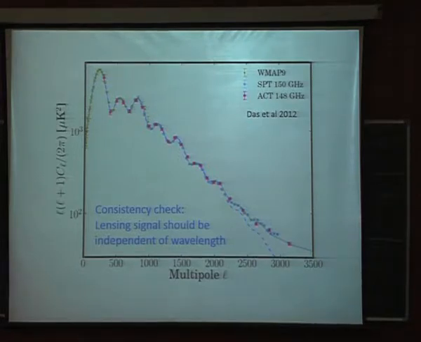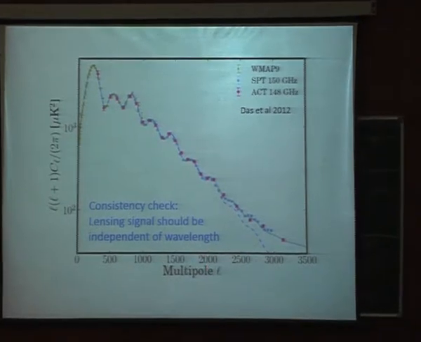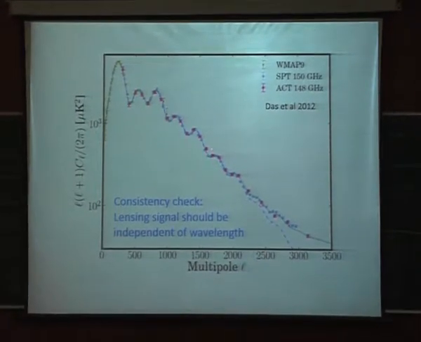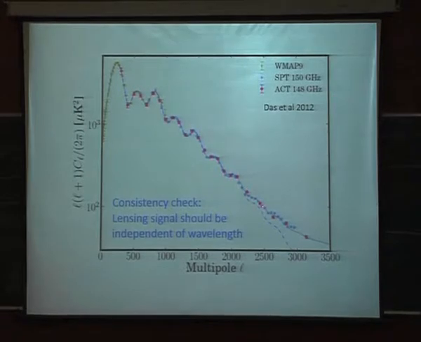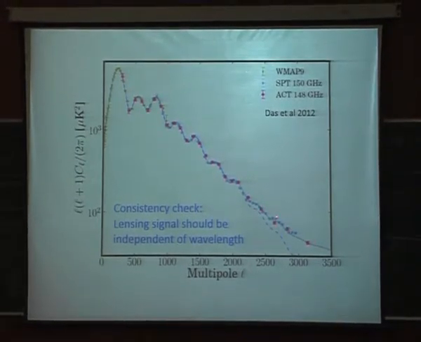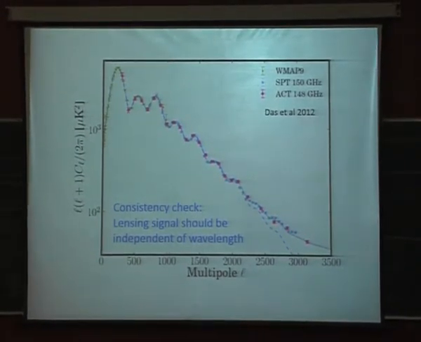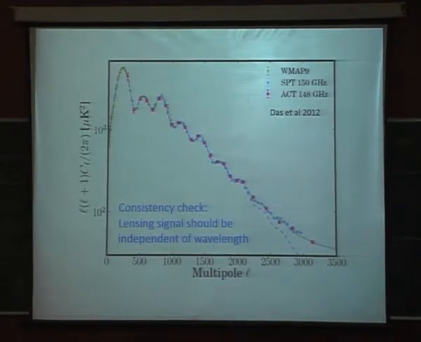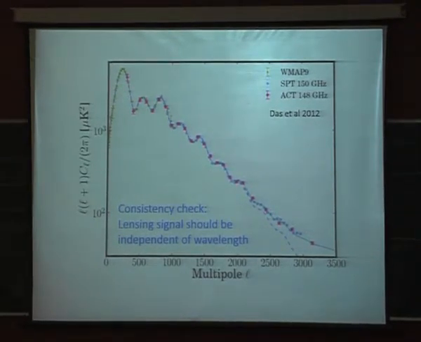Yeah. And you can see that around L of 2000, roughly what is happening is that there is more signal than the dashed curve. And the dashed curve is the CMB without lensing. Okay? And so what is happening is that lensing is accounting for this difference.